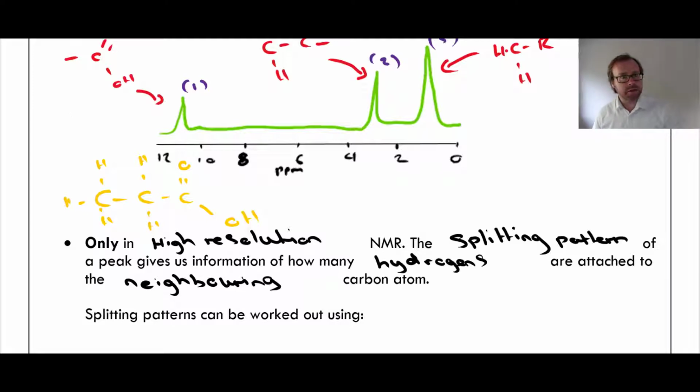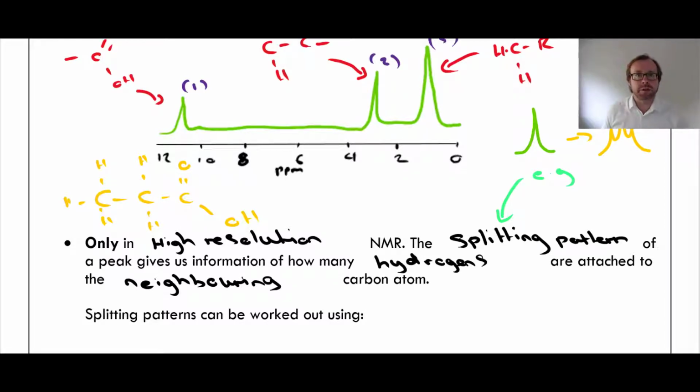For example, taking one of these peaks, in my low resolution NMR, my peak would look like a singlet. However, in my high resolution NMR, maybe it splits further into something that looks like this.